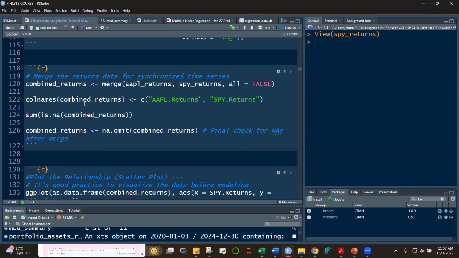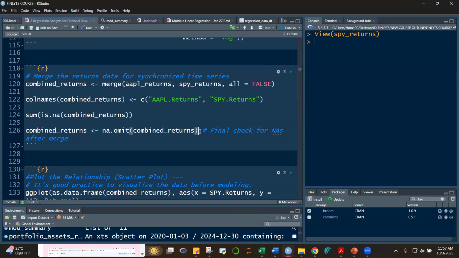So we have now these combined returns, and then change their column names, because Apple adjusted is still there. But let's change it into Apple returns and SPY returns. And then check if there are missing values. And if there are missing values, then omit.